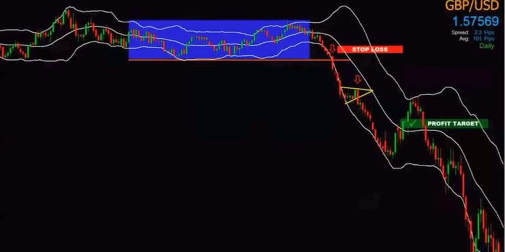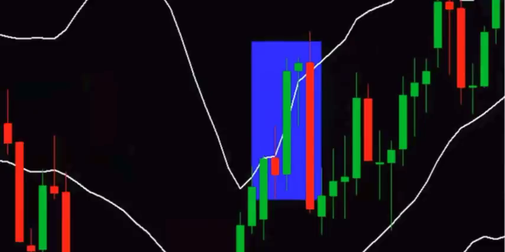Let's take a look at another strategy designed to use Bollinger Bands. One of the most difficult aspects of trading is to determine the trend. In this case, we will use a certain technique with the bands to help us determine the trend. Firstly, this setup requires patience and discipline, as the bands will tell us which way we are trading, either long or short.